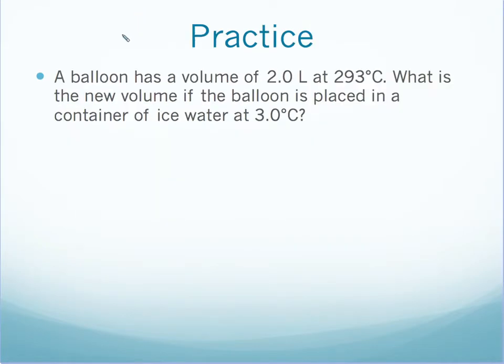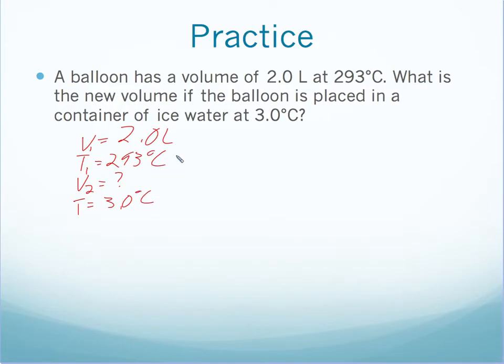But all right, so we have a balloon that has a volume of 2.0 liters. So V1 equals 2.0 liters at T1 equals 293 degrees Celsius. What is the new volume of the balloon if it's placed in a container of ice water at 3.0 degrees Celsius?